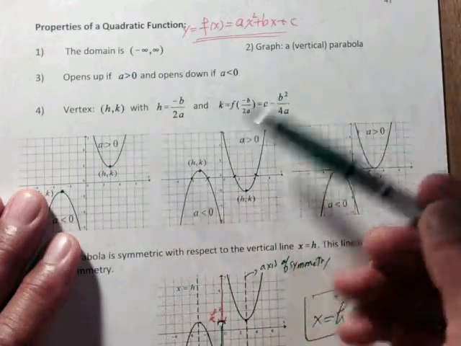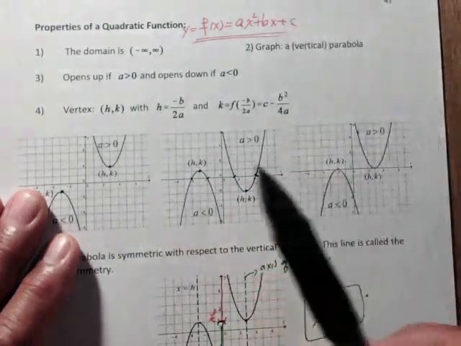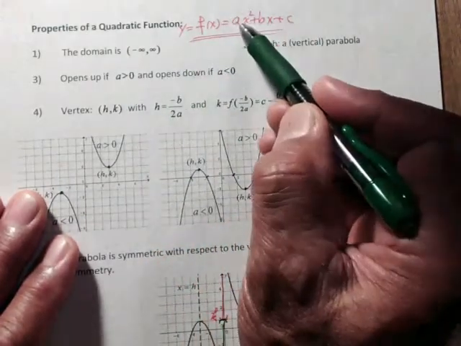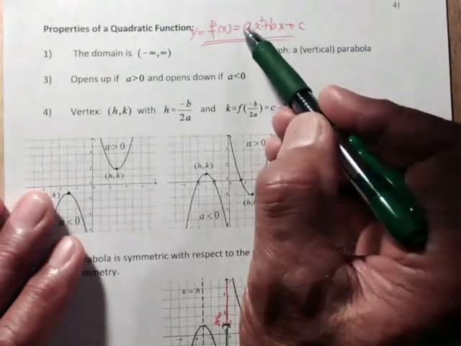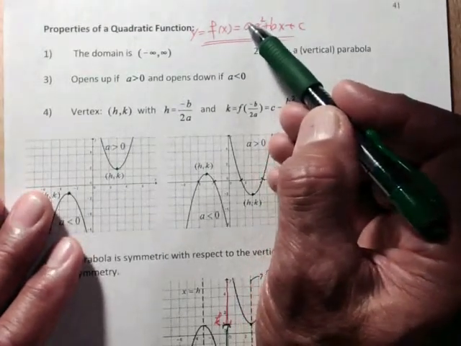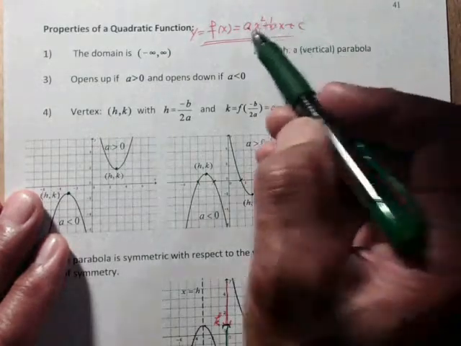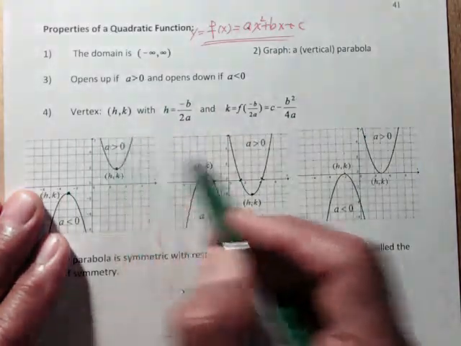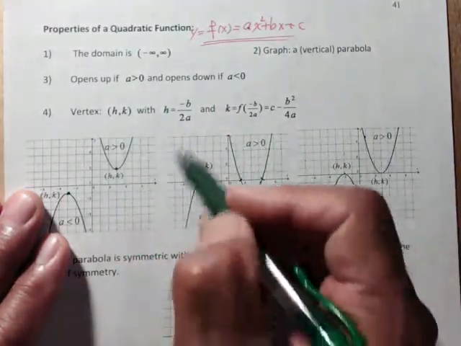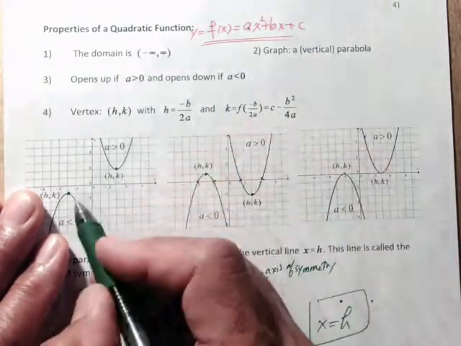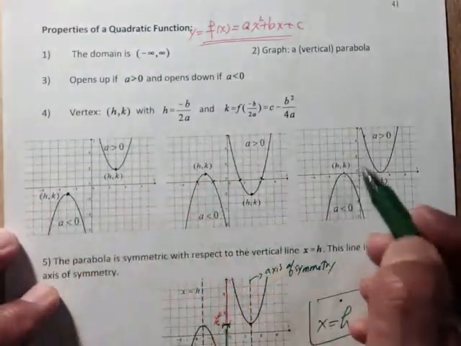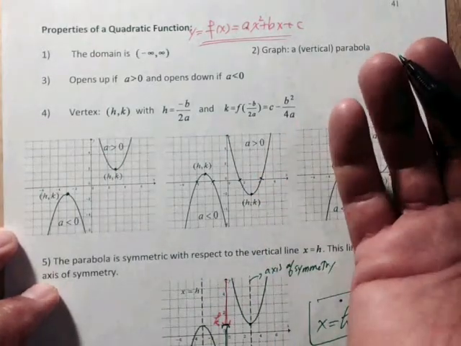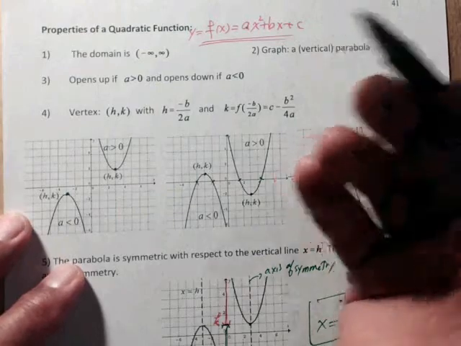It's either going to open up or open down. So how do I determine whether it opens up or down? We look at the coefficient of x squared. This a here, you see, this a. This is a number. It's either positive or negative. It's not zero. Okay. So if it's positive, that tells you the graph is going to open up like this, you see, this way, this way, or this way. And if a is negative, then it's going to open down. Okay, very simple. So we just look at a and we tell whether it's positive or negative, then we say whether it opens up or down.